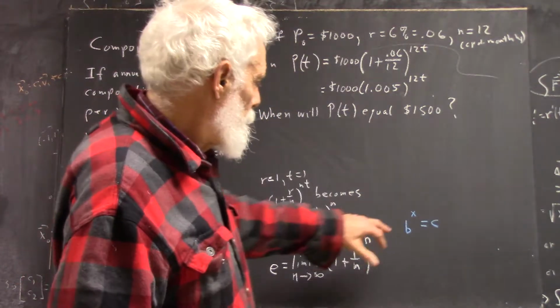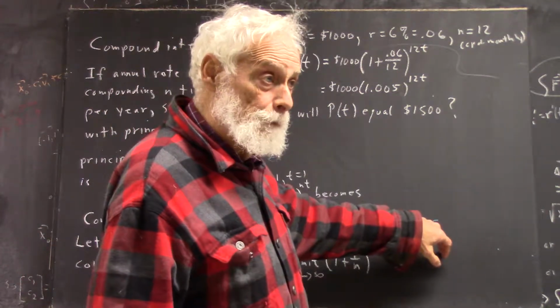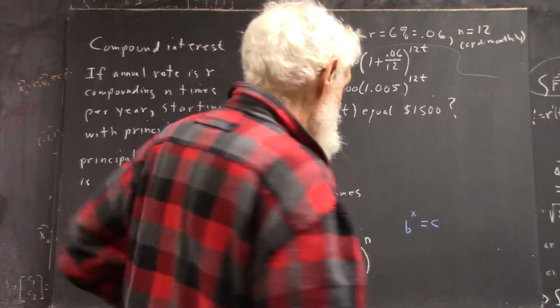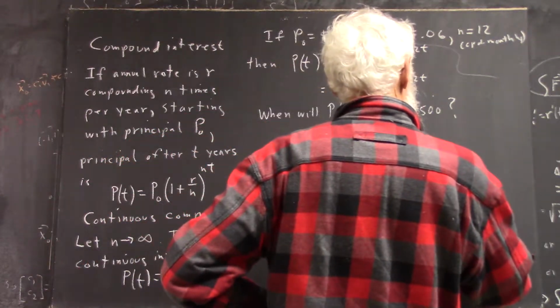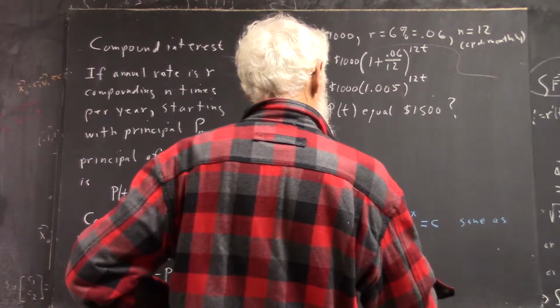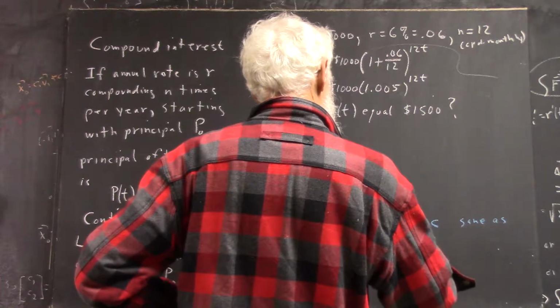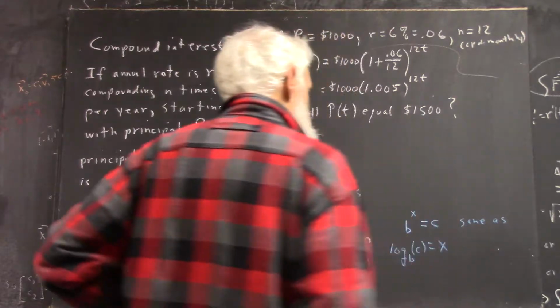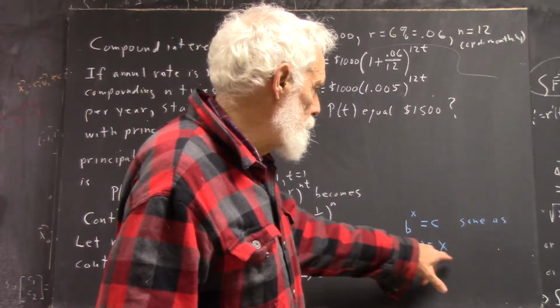If you have b to the x equals c, it's the same as log base b of c equals x.